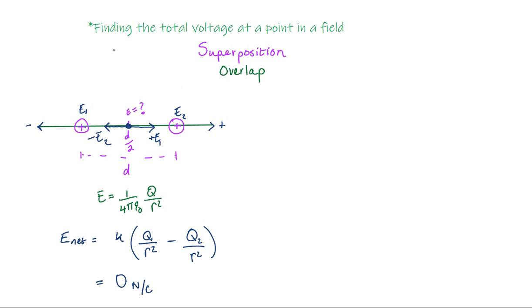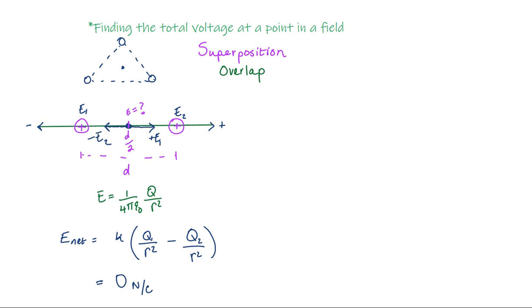Now if you recall, it became a lot more complicated when I had some configuration where there were two dimensions at play and I wasn't just figuring out the net electric field within one dimension. So there was the example where we had placed the charges at the corners of an equilateral triangle, and we were trying to show how the electric field was 0 at the centroid, and that made us have to calculate the components of the vectors, add all the components and then put them all back together, and it was very complicated.